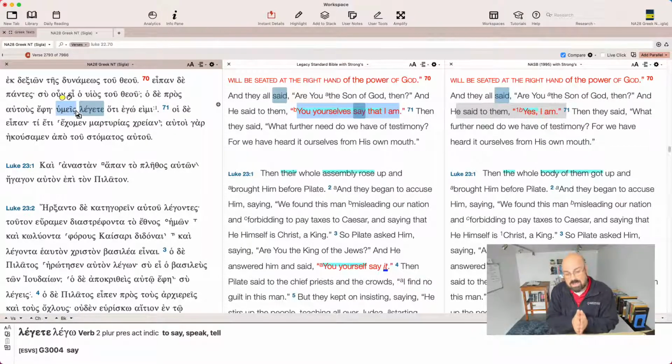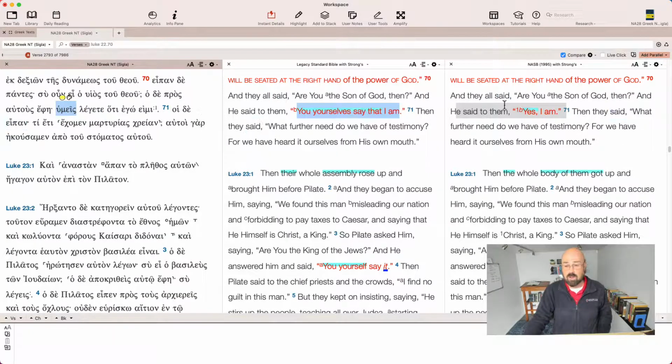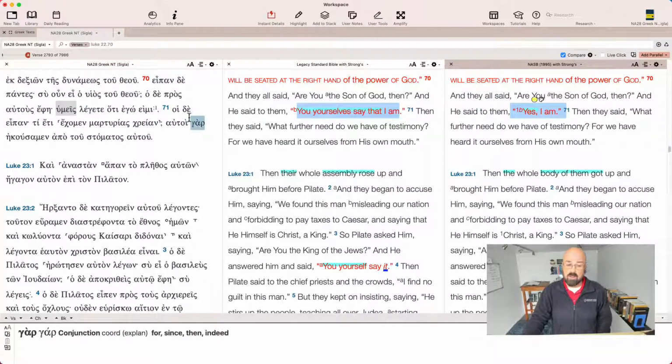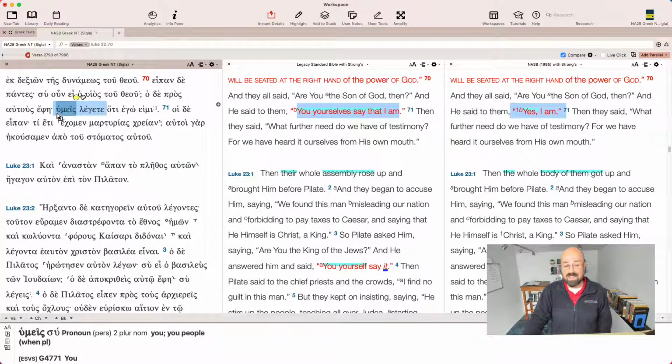Now, most translations wouldn't translate that intensity when you're looking at it in Greek because it seems a little bit redundant. But here, they have. And I think it has some significance in this particular instance. And I think it's a far better rendering than what we see here in the New American Standard, where it's just a simple affirmation. In fact, you could say that the New American Standard is really just leaving this out, right?